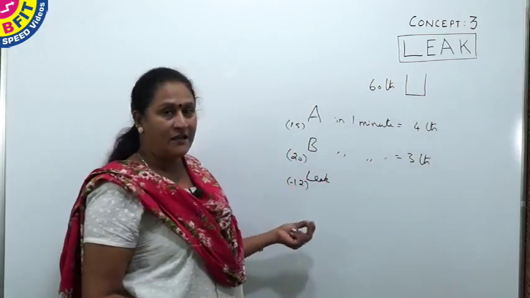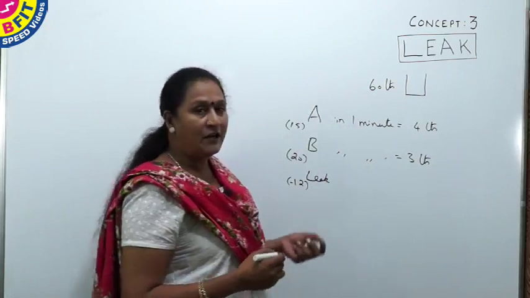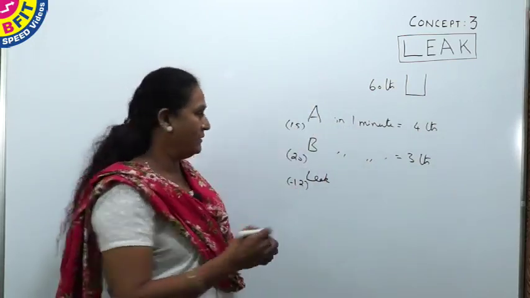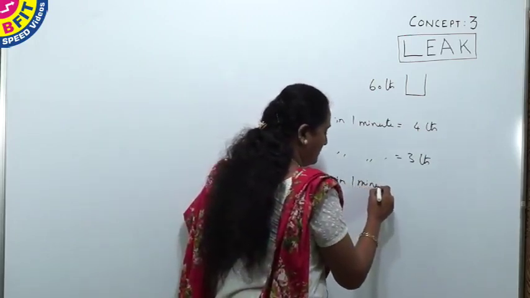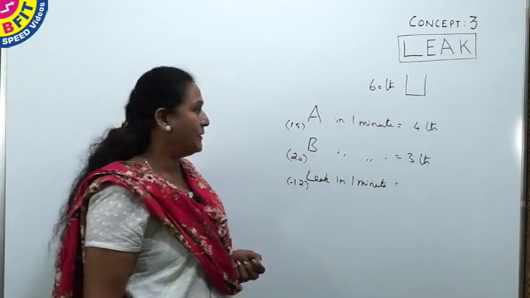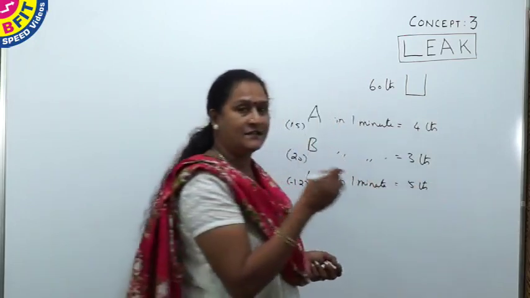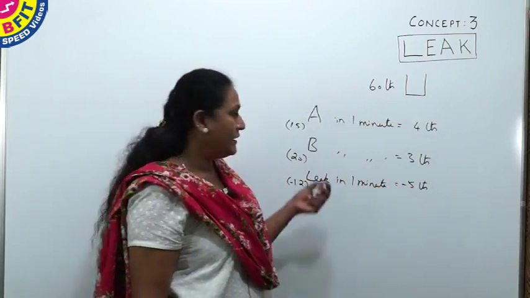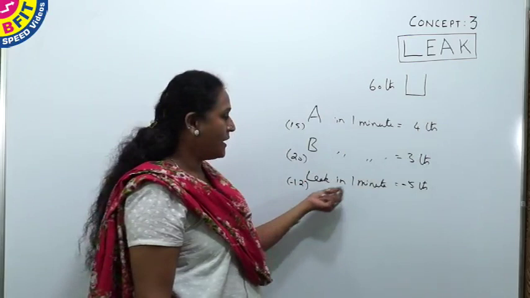So this leak is emptying the tank in 12 minutes. So in 1 minute, how much water can it empty? So divide 60 by 12. So in 1 minute, the leak can empty 5 liters. So as it is emptying, we'll take minus here. So now A is pouring 4 liters, B pours 3, and the leak empties 5 liters.